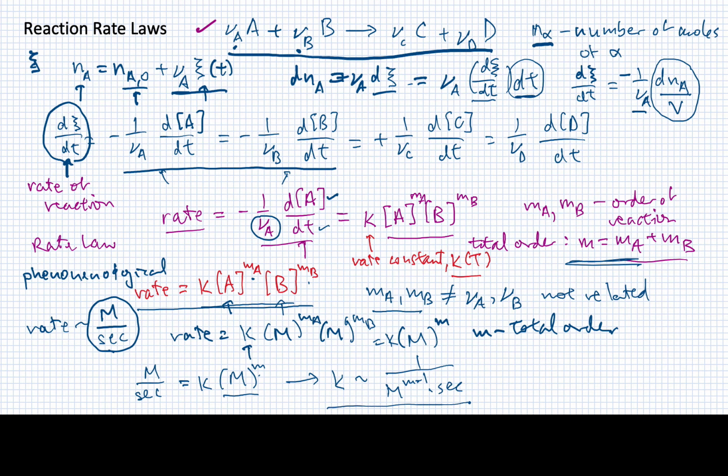All right, so this is a relationship that you'll want to remember. It depends upon the order of the reaction. So rate constants for two different reactions may have different sets of units because they have to have the units that make it work out so that the rate itself is molarity per second.